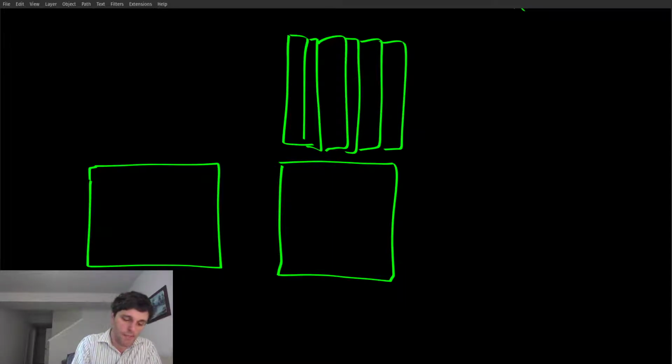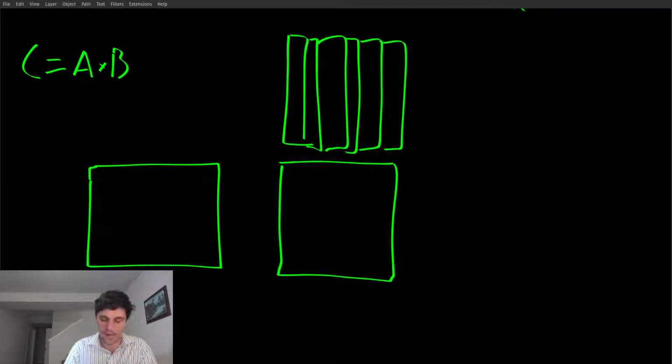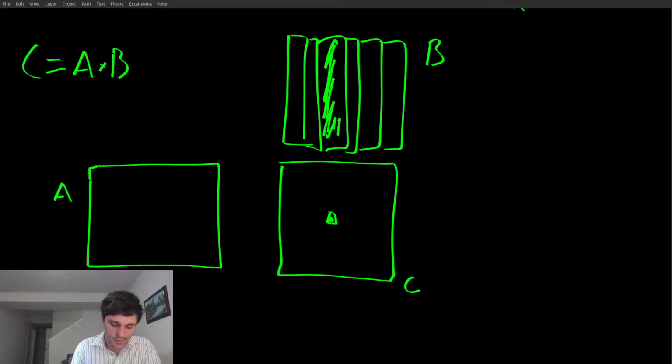So if my overall thing here is C equals A times B, then each element in C, here's A, here's B over here, is the inner product of some column of B with the relevant row of A going across this way.